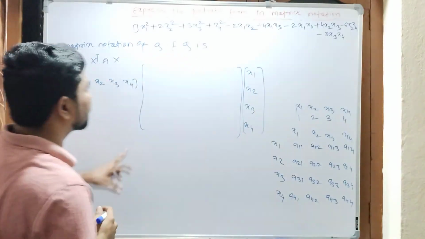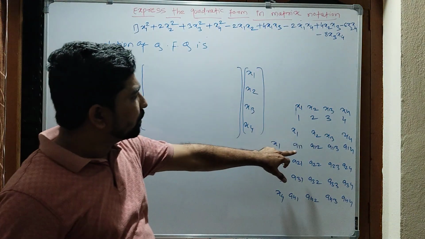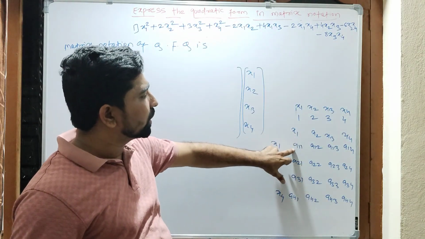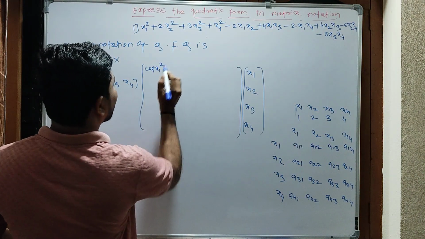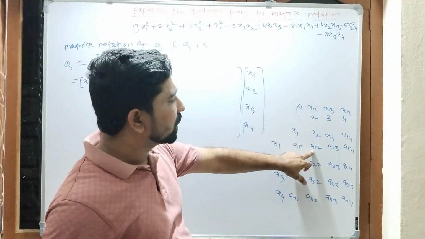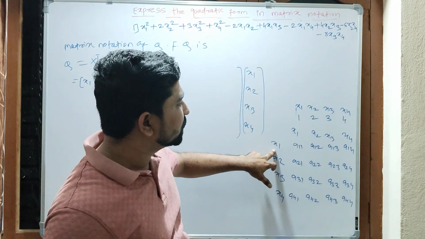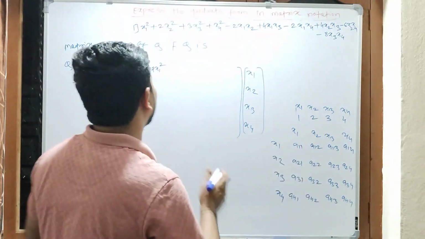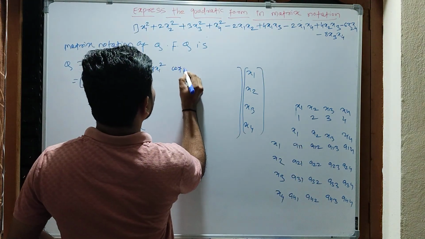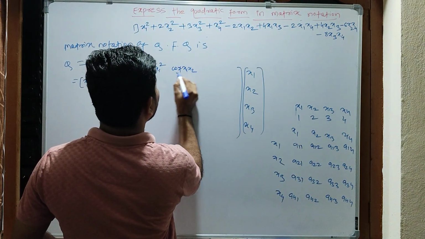Now how to write this matrix? The first entry is the coefficient of x1 square. At the cross position a12, from x1 and x2, it is the coefficient of x1 x2 divided by 2.